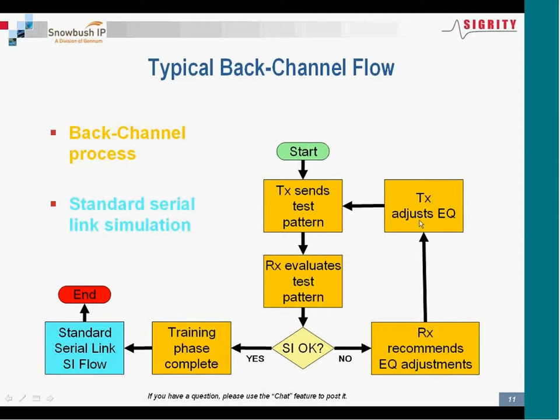The transmitter will then adjust its equalization settings and send another test pattern. This loop continues until the receiver is satisfied and the signal integrity looks okay. Once it does, that training phase or back channel phase is complete, and the transmitter has its equalization settings optimized, and then you're on to the standard serial link flow where the data transmission will occur. And that's the end, okay? So basically, the addition here is really this loop.